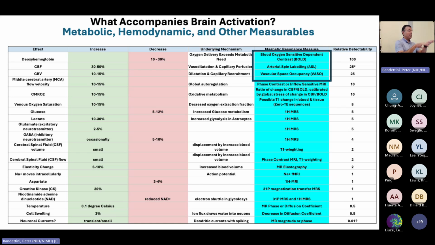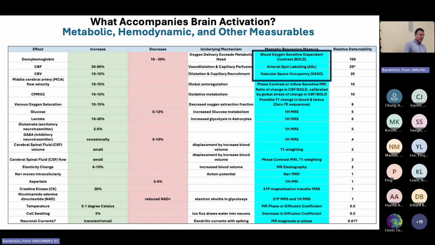And just like around susceptibility gradients, around red blood cells and so on, these distortions might either dephase spins or cause a phase shift. So theoretically, it has to be doing that. It's very transient. It's during an action potential.